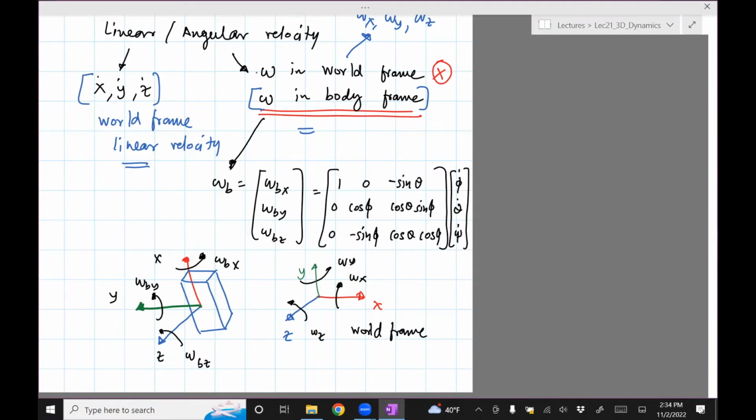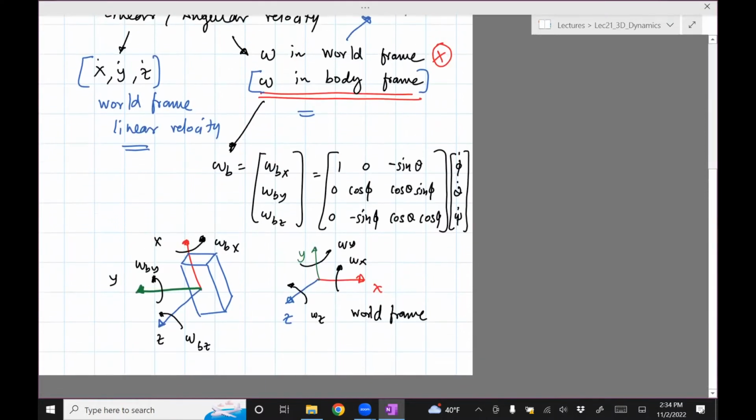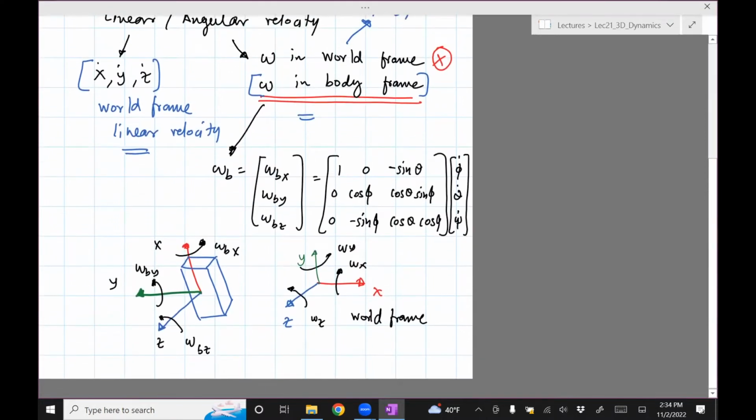And clearly as the body rotates, the angular velocities will change, because the angles made by the body with the XYZ change. Okay, so that's that. Let's go to the next step.